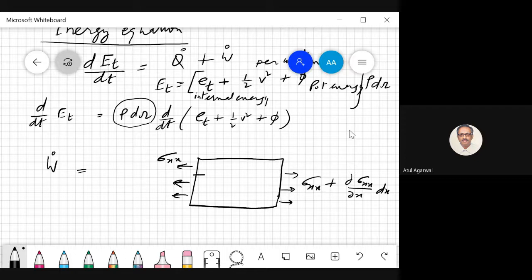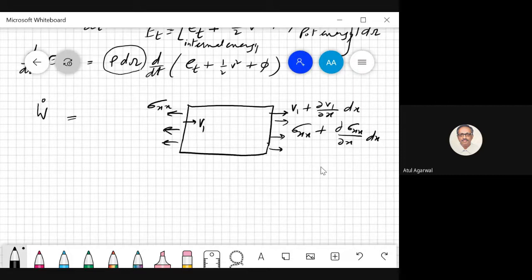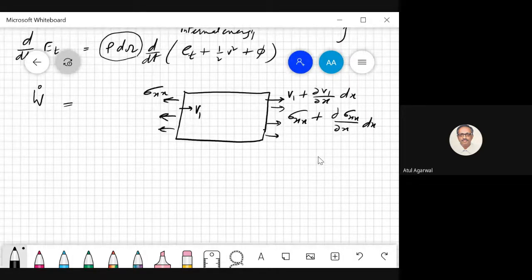So what is the velocity here? V1. What is the velocity of the fluid here? V1 plus del V1 by del X. Okay. So we have just taken one stress. So what is the work transfer due to this? Power transfer.